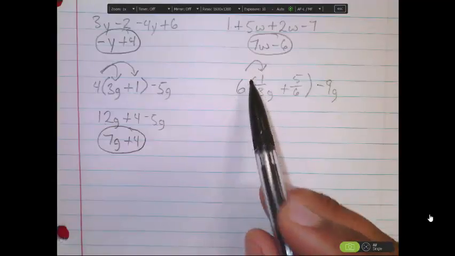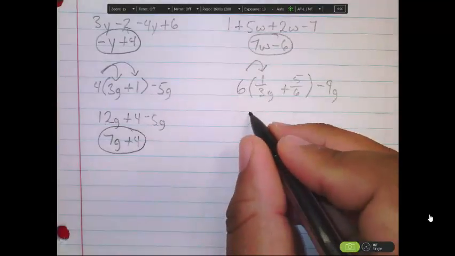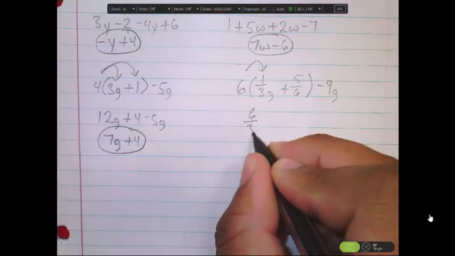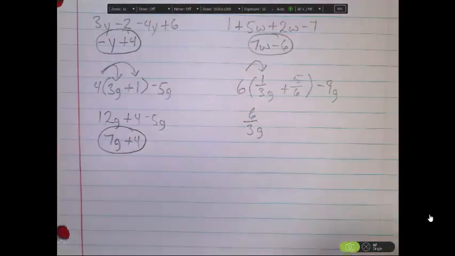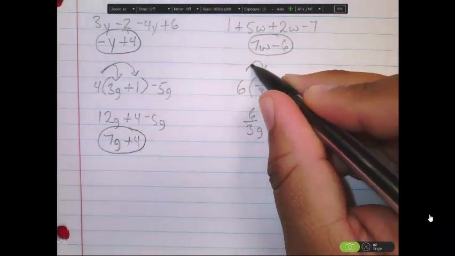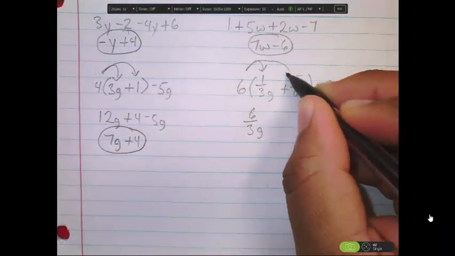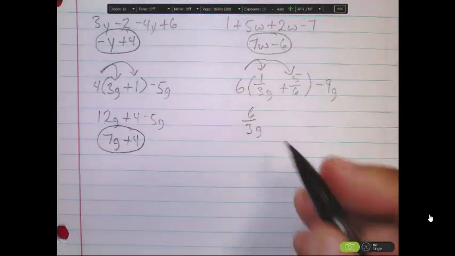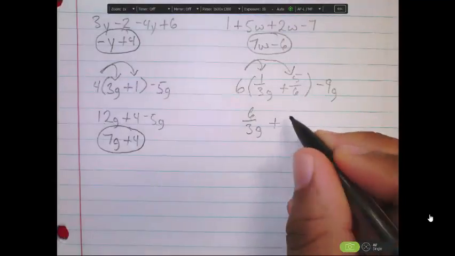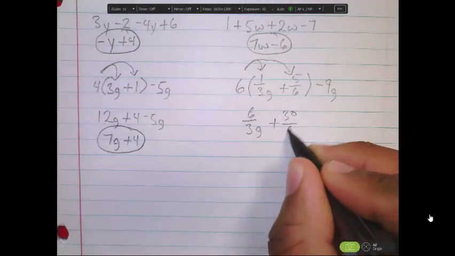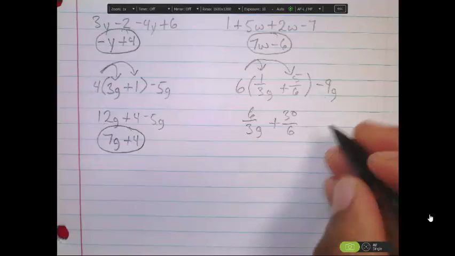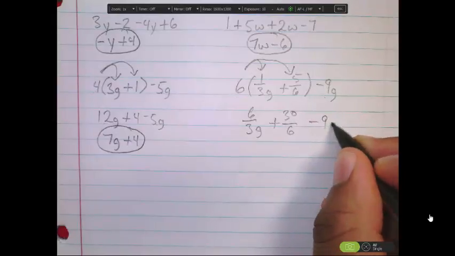So that's going to give us 6/3 g, 6 over 3 g. And we're going to multiply 6 times 5/6, and that's going to give us 30 over 6, and we'll bring this straight down, minus 9g.